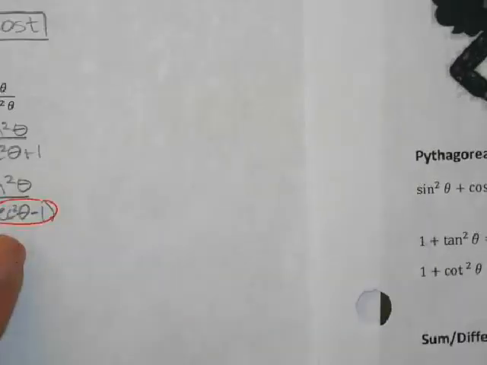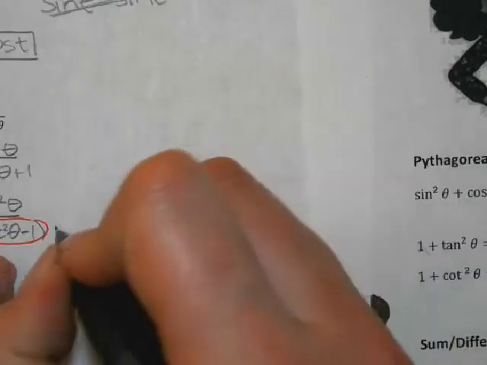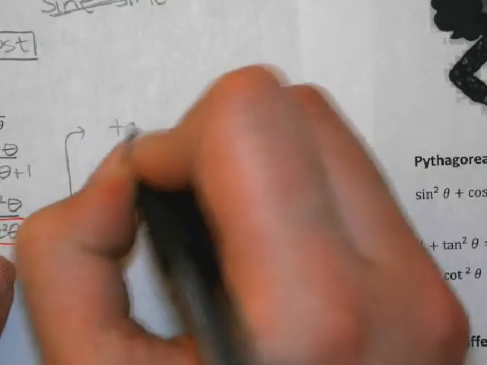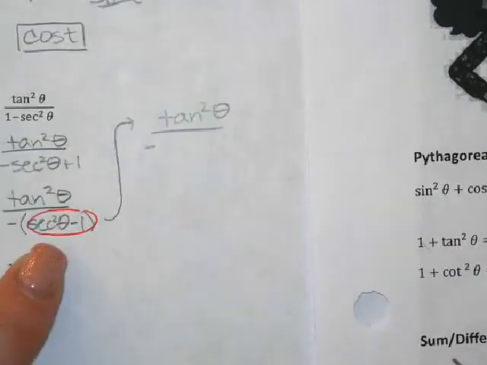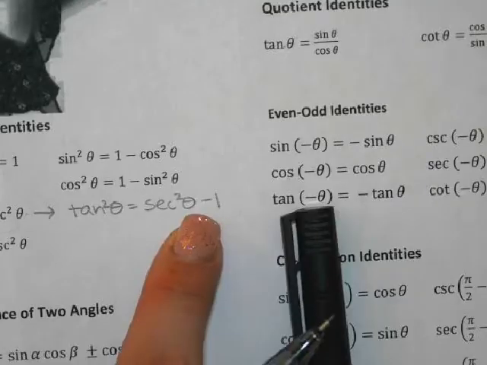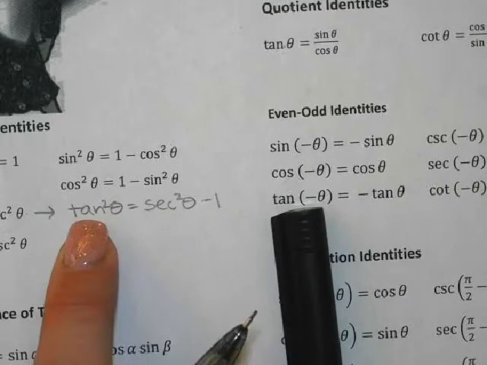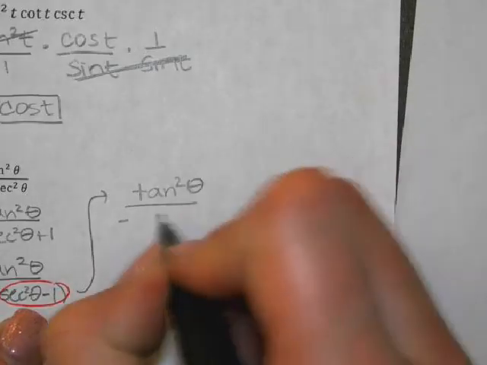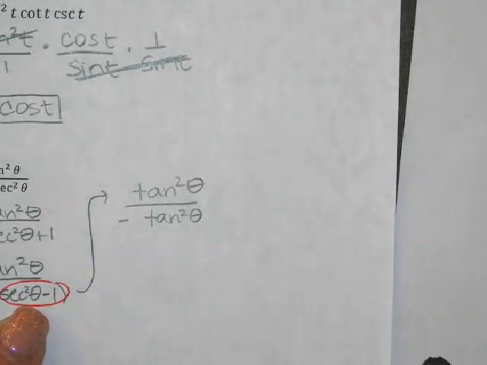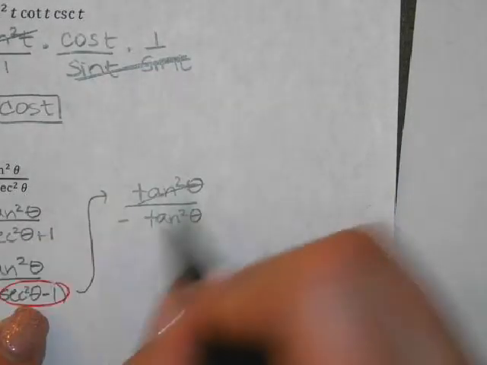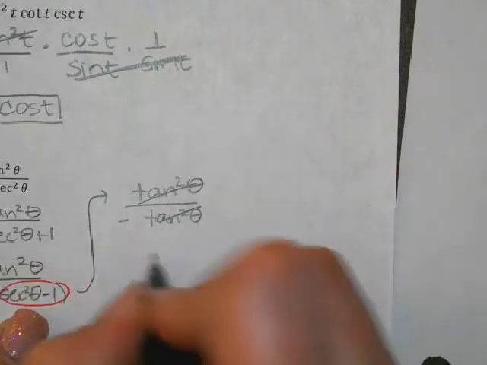Okay. So on the top, I still have the tan squared. On the bottom, I still have the negative. And now I'm going to go ahead and take secant squared minus 1 and replace it with tan squared. So I'm just substituting it out. And then what do you guys see? Cancel. And what do we get? Negative 1.